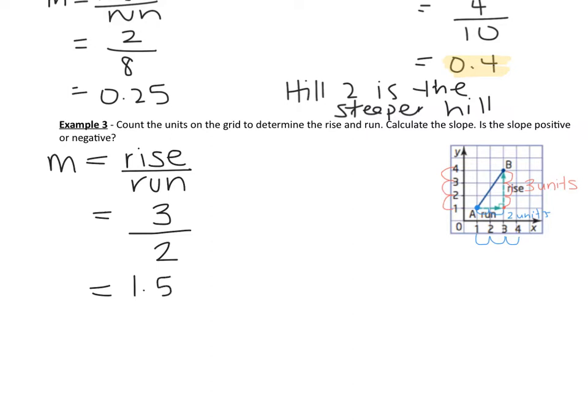It is 1.5, but in this particular unit, we are going to keep all of our slopes as fraction values. We're going to talk about why that is later on in the unit, but for right now, we are going to keep our numbers as fractions. So that means that our slope is going to be written as 3 over 2.